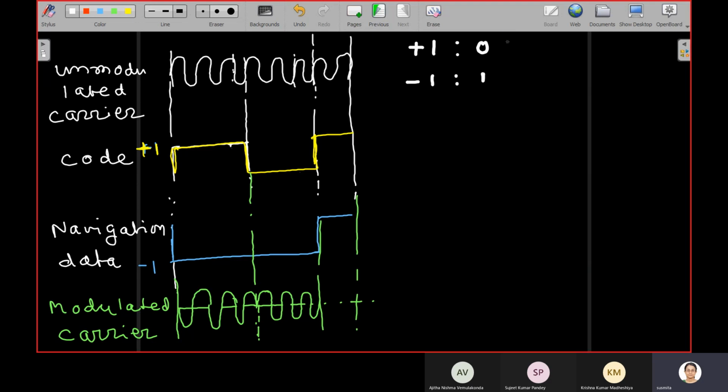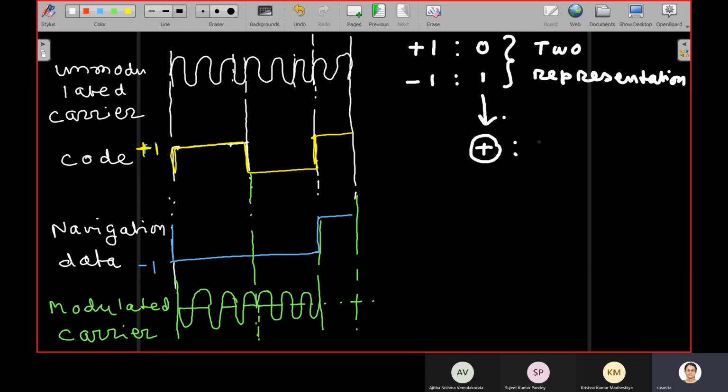So this representation is also possible. Generally for mathematical computation we use plus minus 1 because that is easier, but 0 1 representation is also possible. Now if we are using 0 1 representation, then we have to do modulo 2 sum.